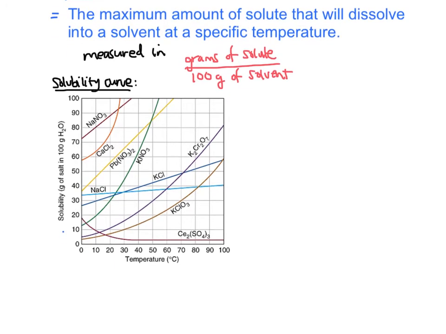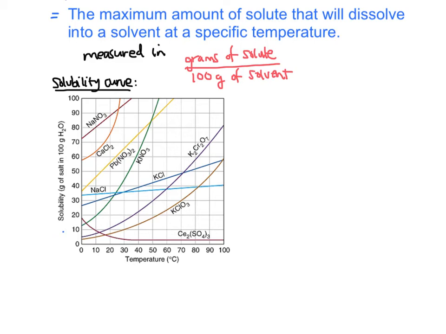All right, so this is a solubility curve. This just shows the solubility. So for example, I can pick something like potassium chloride. This line shows the solubility of potassium chloride at a bunch of different temperatures. And of course, the solubility is the number of grams of solute in 100 grams of water.